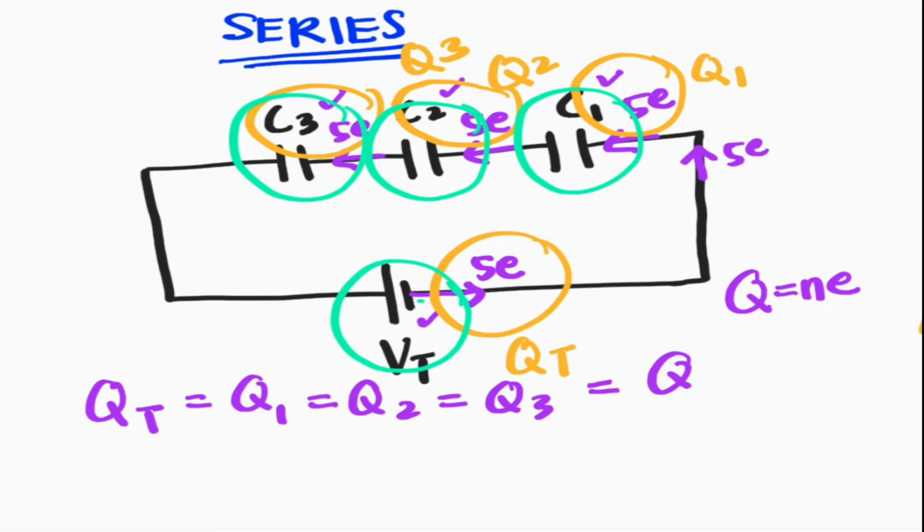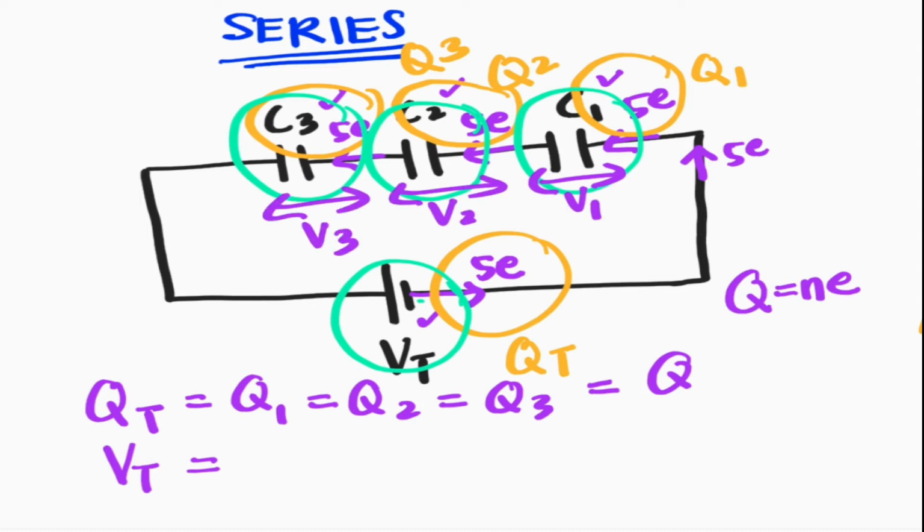That means the energy is divided among these three capacitors. So V total equals V1 plus V2 plus V3.